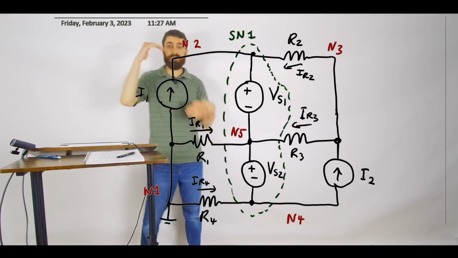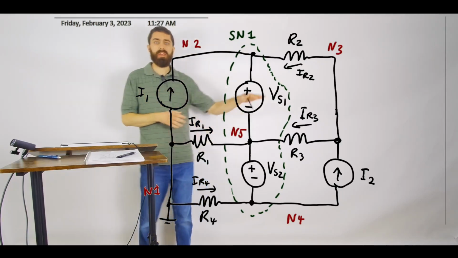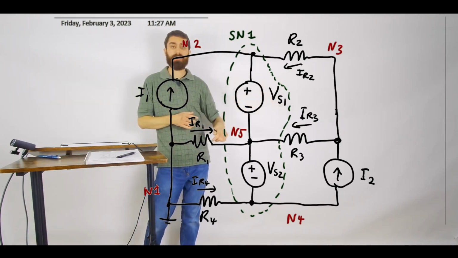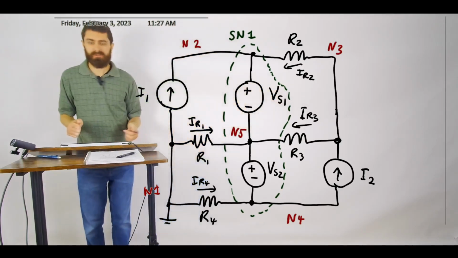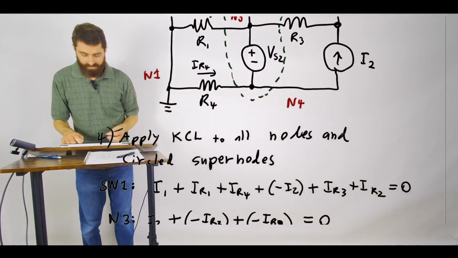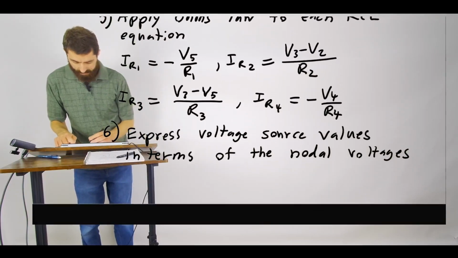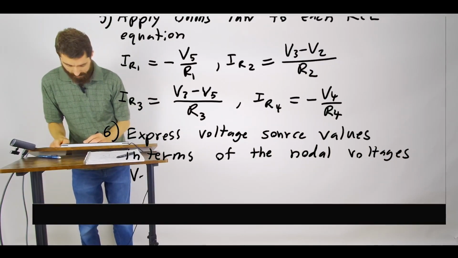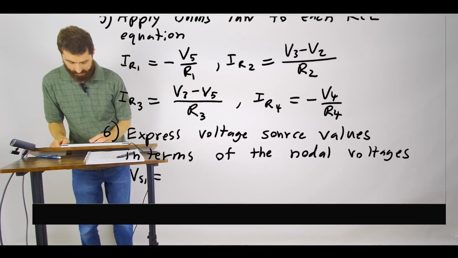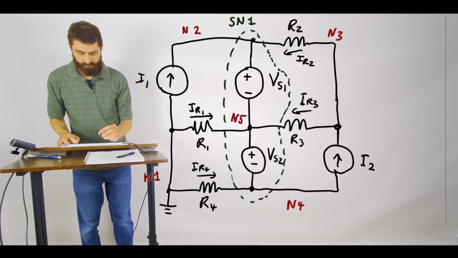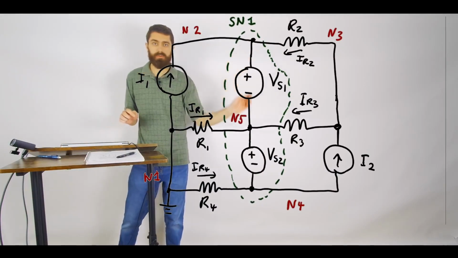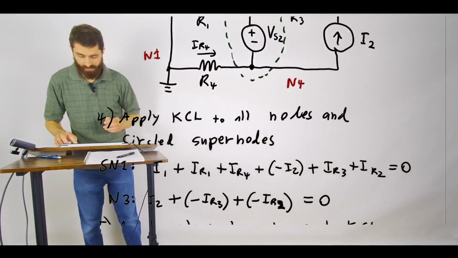Because the voltage is a difference in potential, and we are given the voltage right there. It's Vs1. So we can write that Vs1 is equal to V2 minus V5.